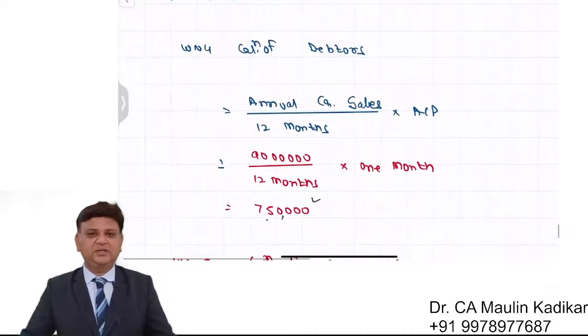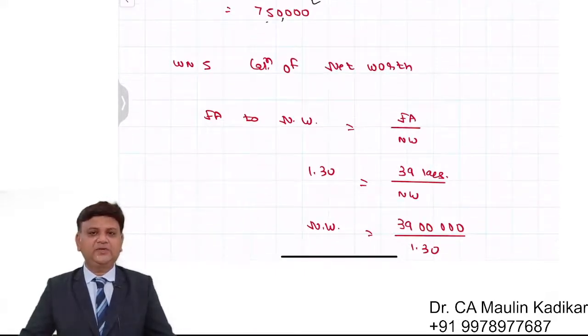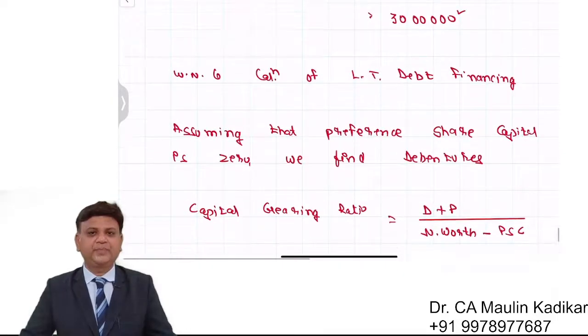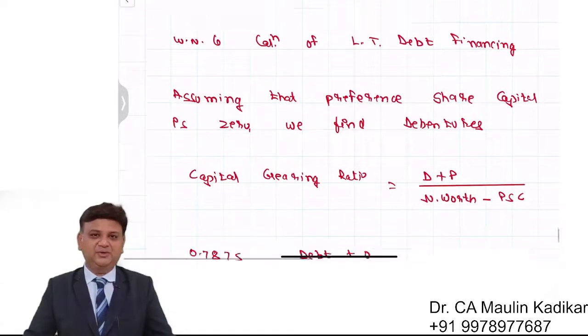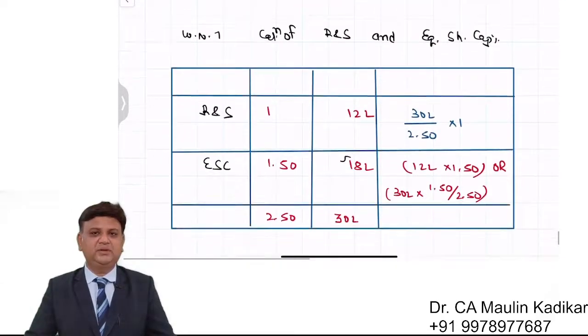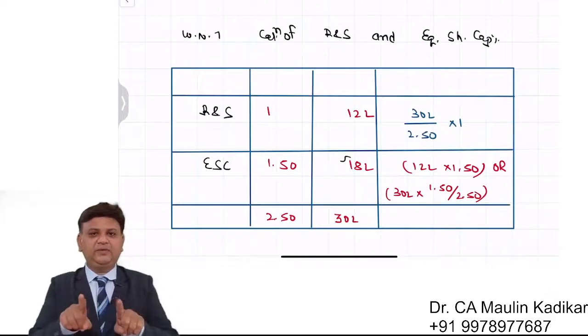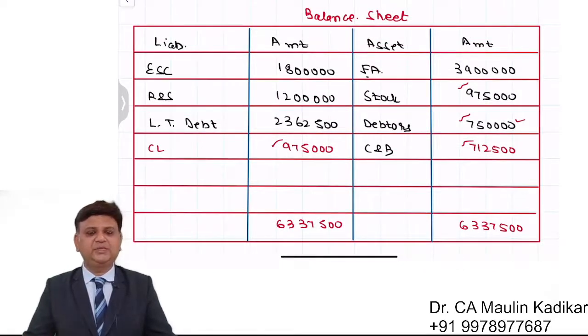Next is the debtors using the collection period. Net worth using the fixed asset information. Then long-term debt, assuming that the preferential capital is 0. That is an assumption that we make because the capital gearing ratio is given. Then the net worth is split between reserves and surplus and share capital, 12 and 18 lakhs. Based on that, the balance sheet is prepared.